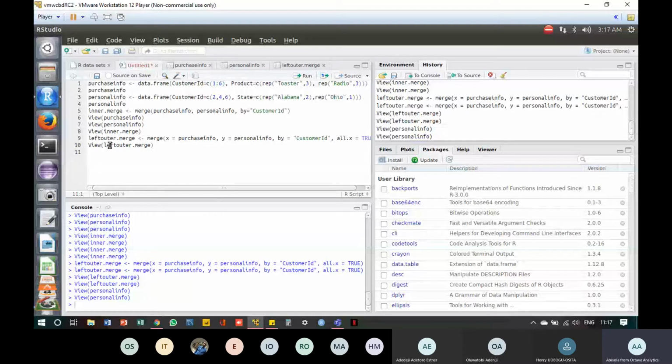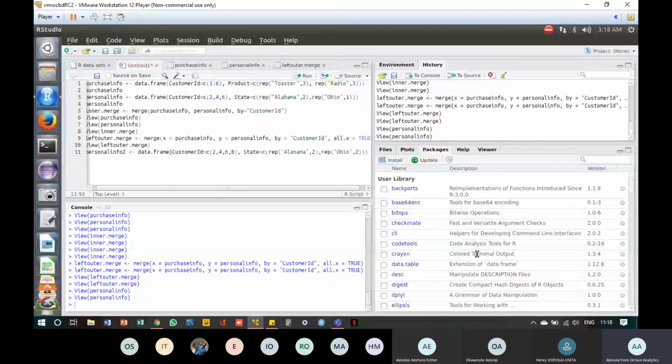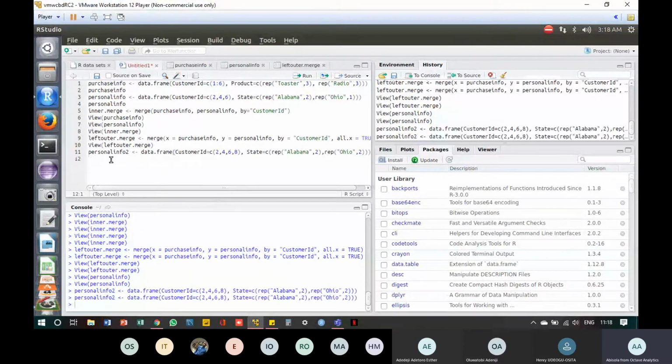And let me change this to personal info 2. So I'm just giving us a scenario, so you understand better. And I want to view personal info 2. So here is personal info 2.